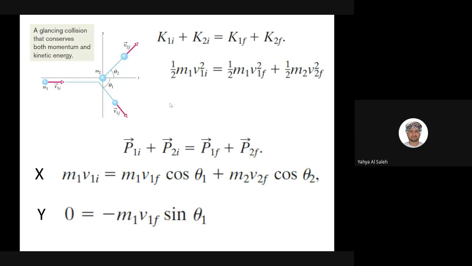And later on, we will have minus m1 v1f sine theta because it's going down, so minus, plus m2 v2 sine theta. So what we did is we just took the components of both of them. Now we have 3 sets of equations and we can solve for whatever we want.